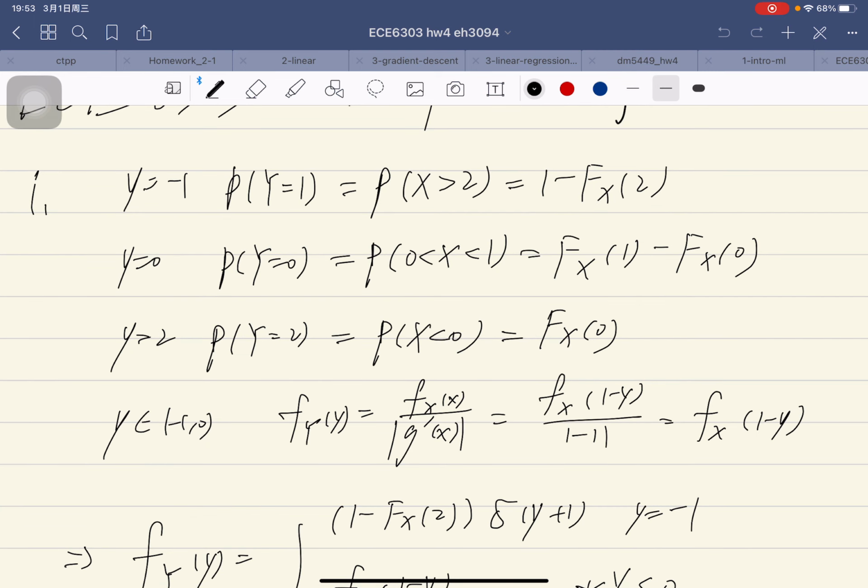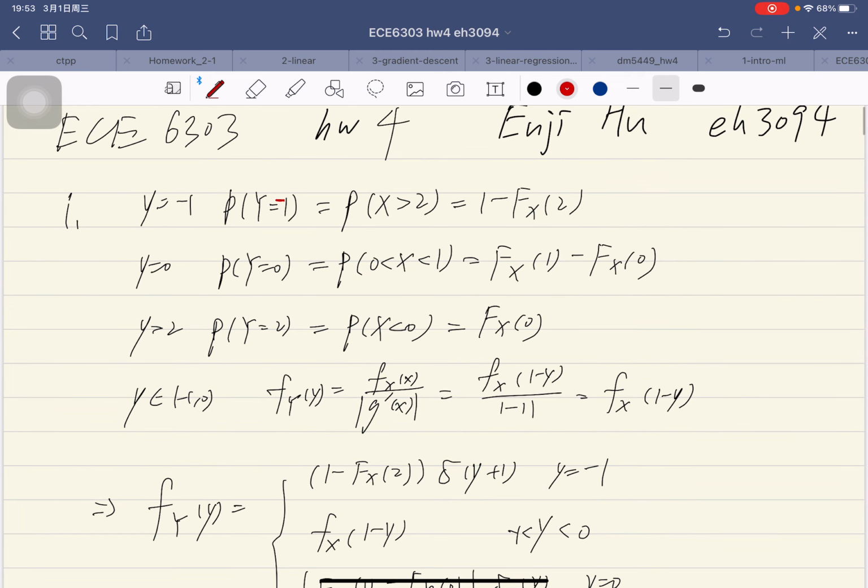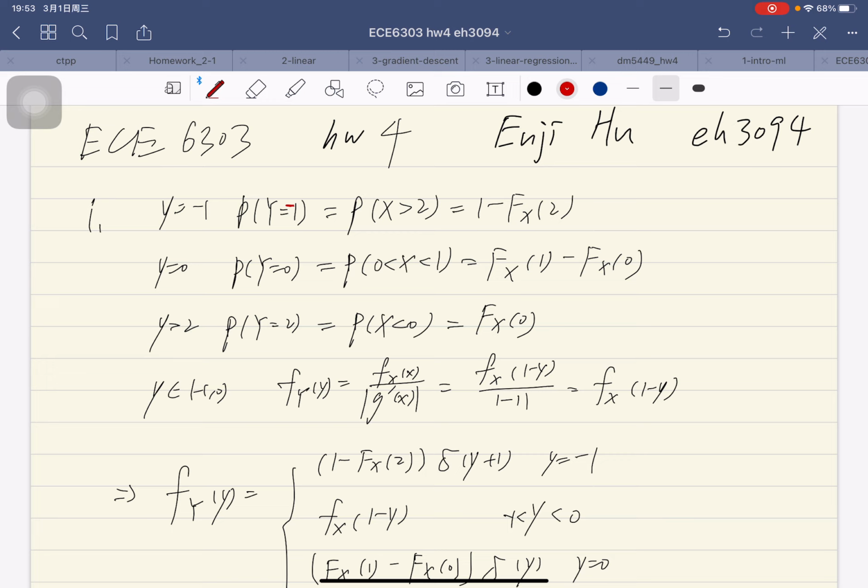Sorry, here it should be P(y = -1), because in the projection from x to y, it equals 2, 0, and -1 for x larger than 2, x between 0 and 1, and x less than 0.